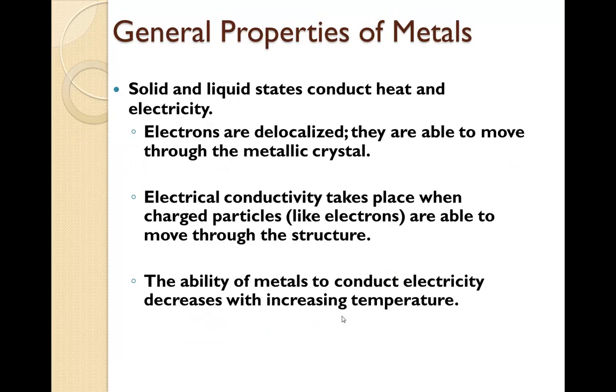Solid and liquid states conduct heat and electricity. Electrons are delocalized and they are able to move through the metallic crystal. Electrical conductivity takes place when charged particles, like electrons, are able to move through the structure. The ability of metals to conduct electricity decreases with increasing temperature.